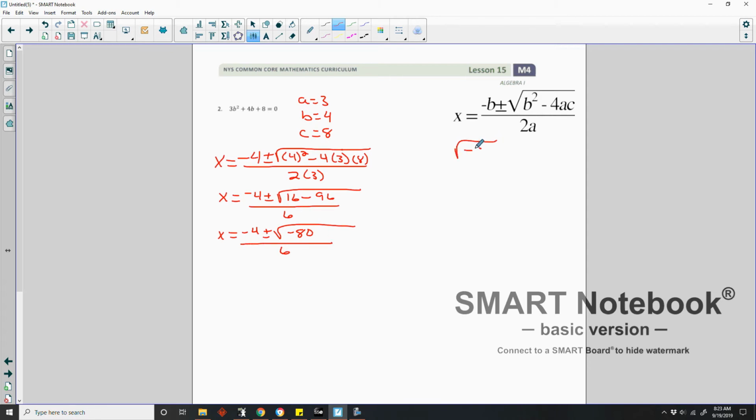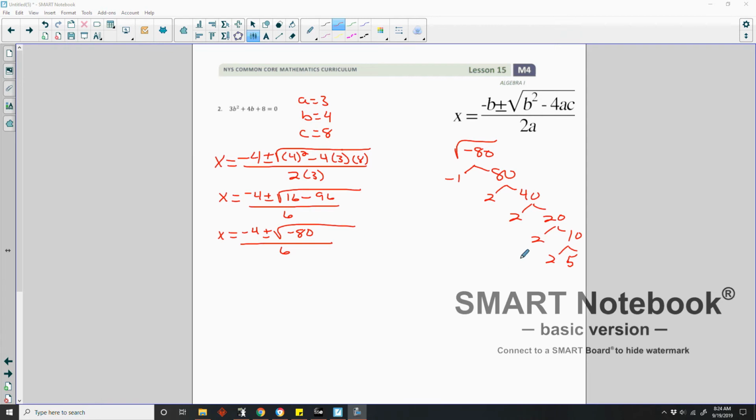So factors of negative 80 are negative 1 and 80, 2, 40, 2, 20, 2, 10, 2, 5.